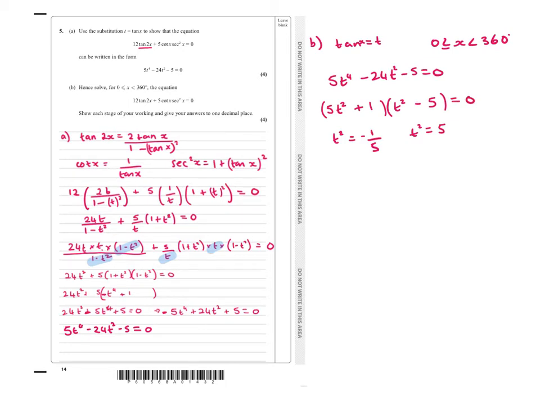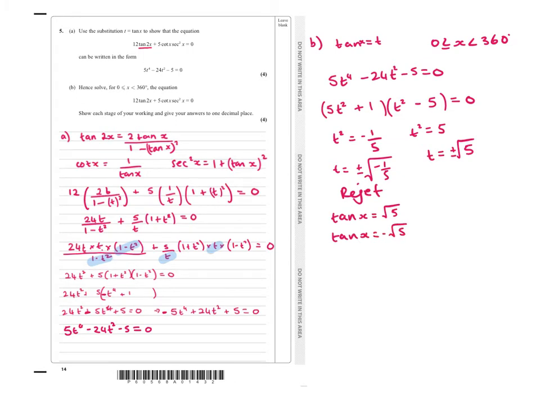Now, t is then going to give me, I'm not going to get plus or minus root negative 1 over 5. So this is rejected. But I'm going to get t is plus or minus root 5. So now I've got t is plus or minus root 5. I know then that tan of x can equal root 5, or tan of x can equal negative root 5.